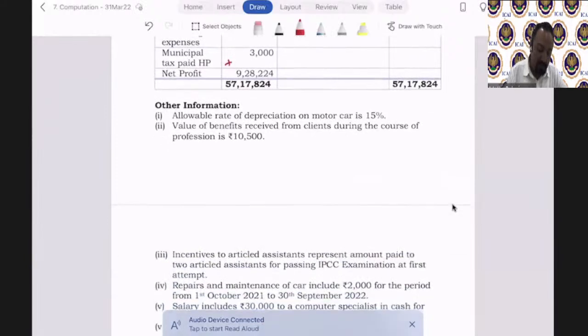Now we'll have to come to the other information, which is critical. Other information will typically tell you situations which are either unnecessary or relevant for you, that is the extra information in your problem. Now, allowable rate of depreciation of motor car is 15%. So, of course, we have a motor car, we can provide it for that.